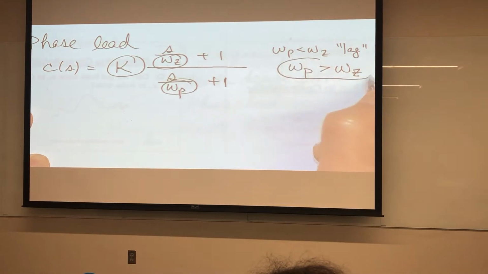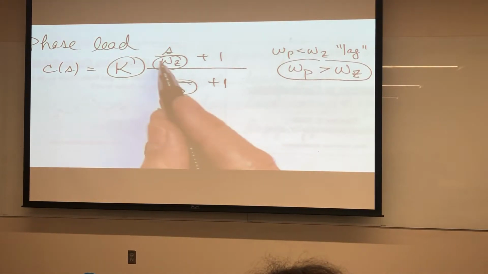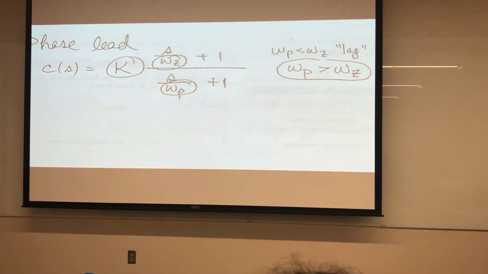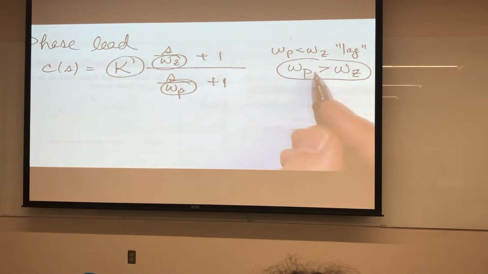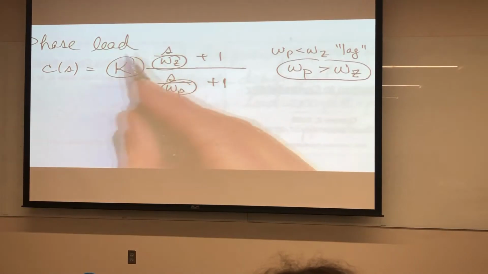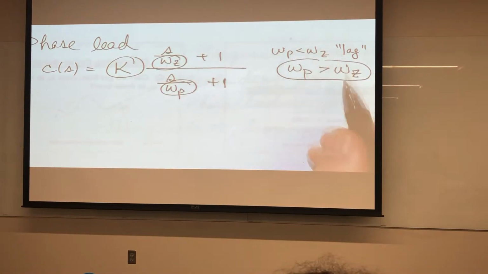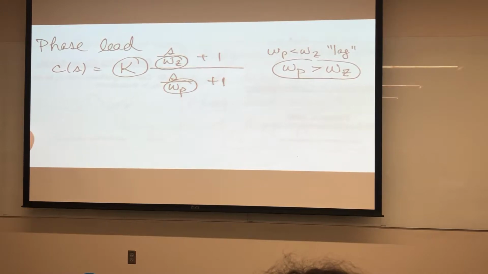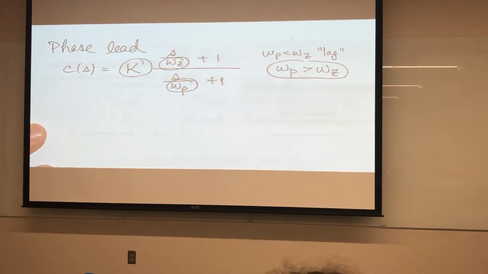But today we're looking at this. So that's really the key difference when we look at the transfer function. If I just look at this, I can't tell whether this transfer function is a lead or lag. I have to look at it more closely. The form is the same for both cases, but with the lead, the pole is at a higher frequency than the 0. So let me sketch the frequency response.